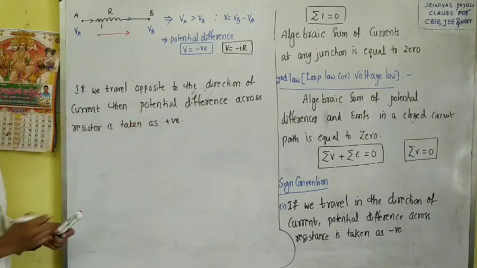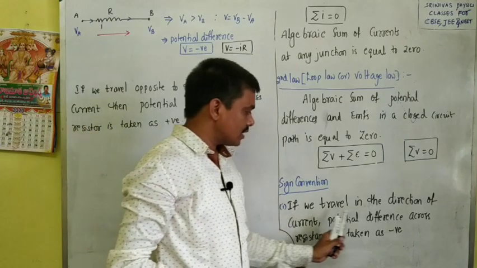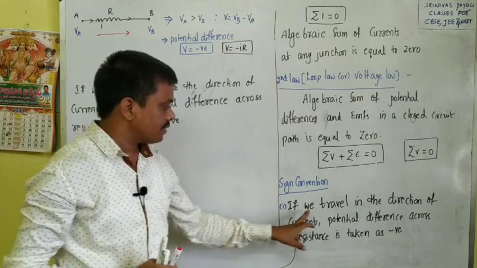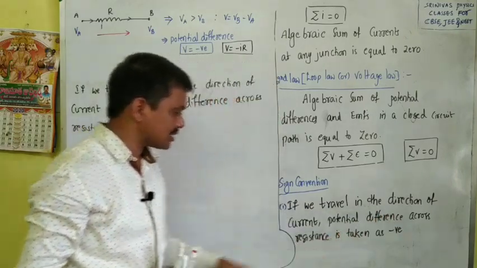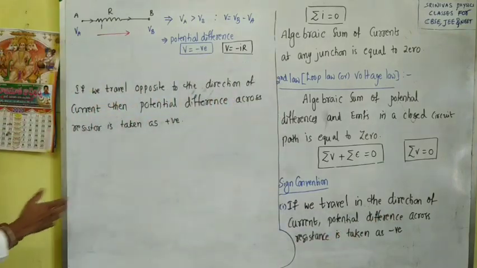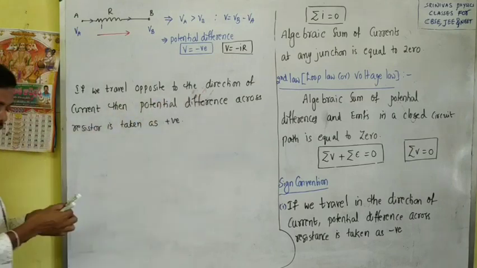This is the second sign convention rule. In the first point there are two points. If we travel in the direction of the current, then the potential difference is taken as negative. If we travel opposite to the direction of current, then we have to take positive.